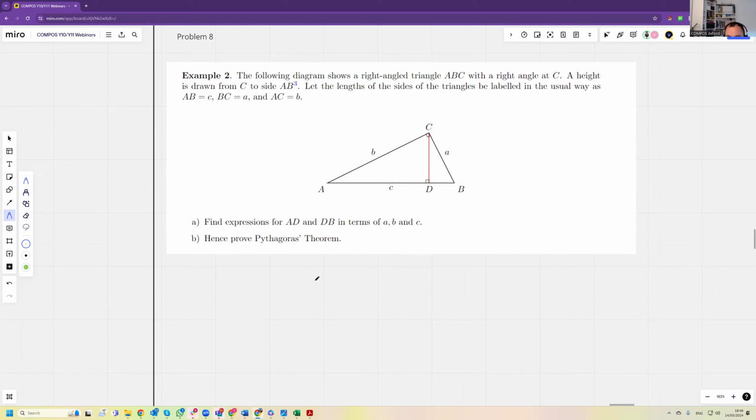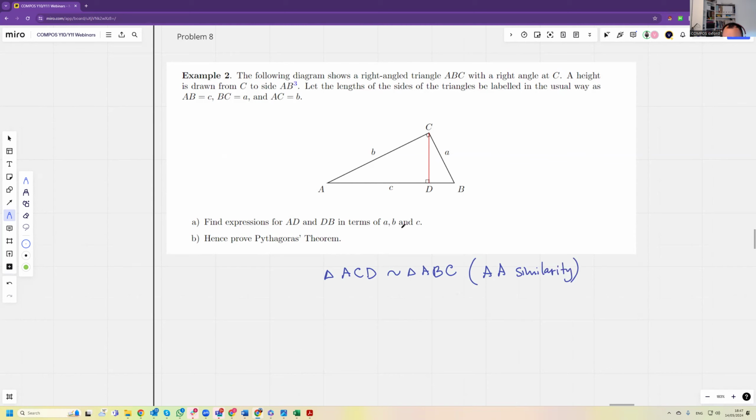So we can say that triangle ACD is similar to triangle ABC by angle similarity.